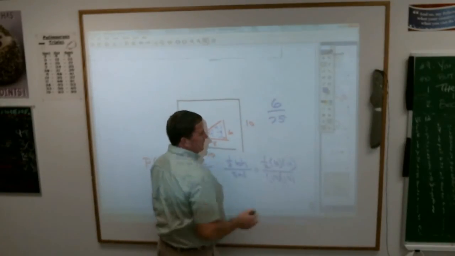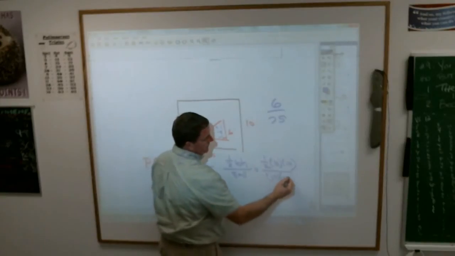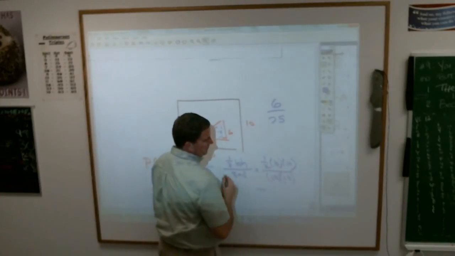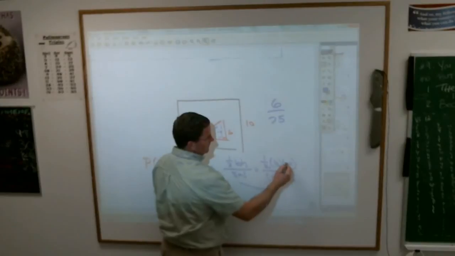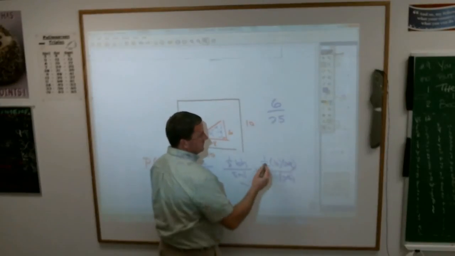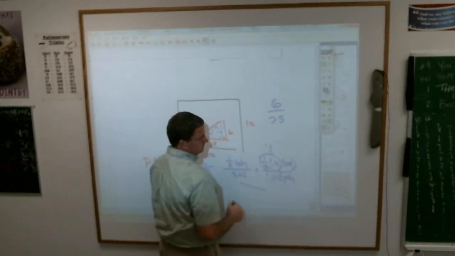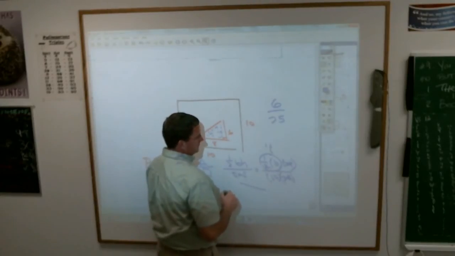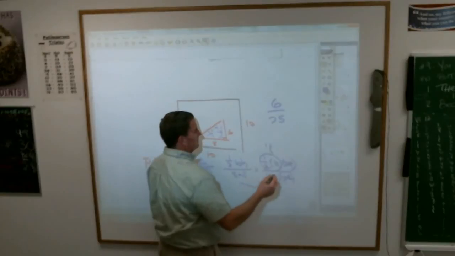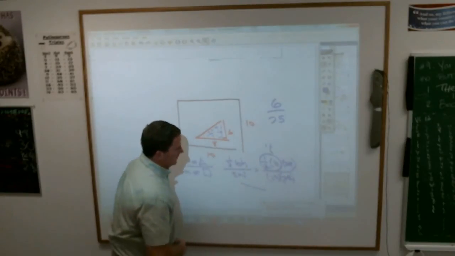If we do some cross canceling here, you could take out this 10. No, you can't do that. You can take out this 10 with this 10. Take half of 8, you get 4. Wait, that's not right.